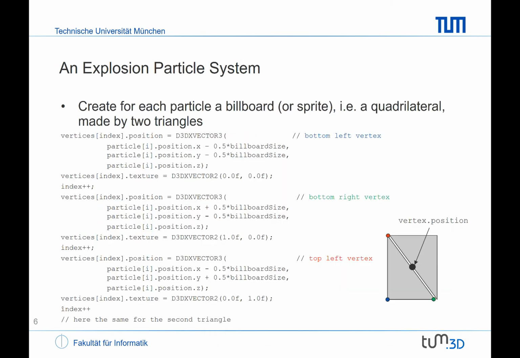So now we need to create a billboard for each particle. Sometimes people call it a sprite. That is essentially a quadrilateral made by two triangles, as we see here. Here is the particle position.